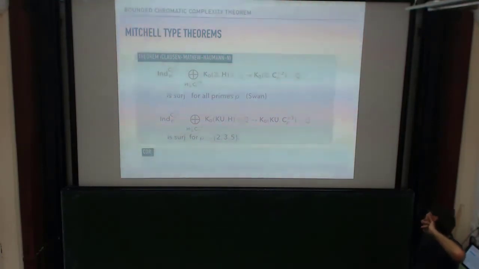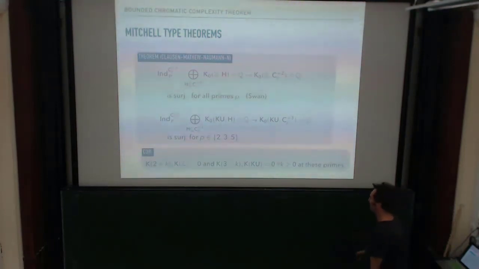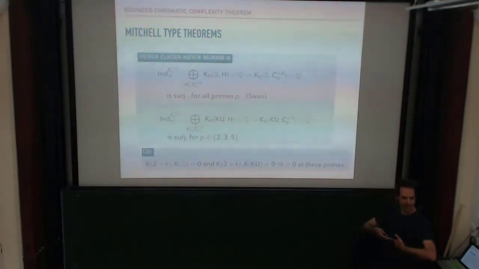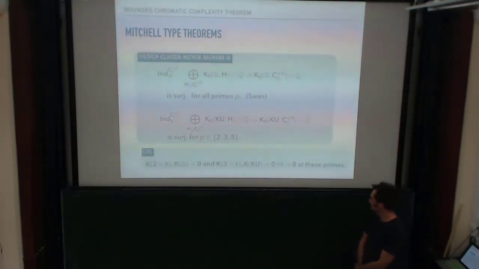So, as we already argued, this implies these sort of vanishing results. And it'll also imply vanishing for any module over the K-theory of Z or the K-theory of KU. You could combine this with Galois descent to go back to subrings under Galois extensions.